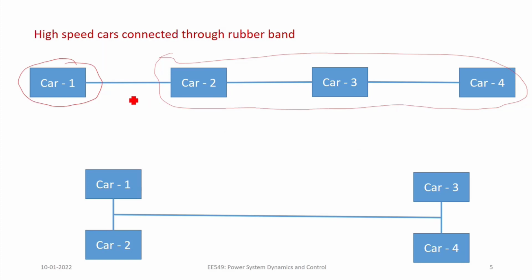Therefore car 1 cannot go out of step unless the rubber band breaks. Till the rubber band is tied, car 1 cannot become out of step. Of course, it will go away, again it will come back, again it will retard and again accelerate, retard, then it will settle down.